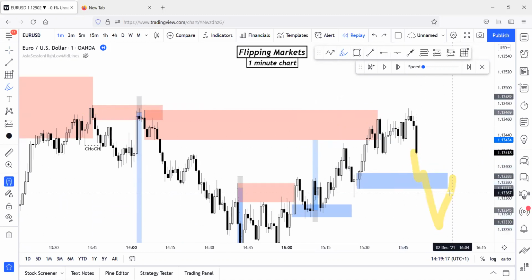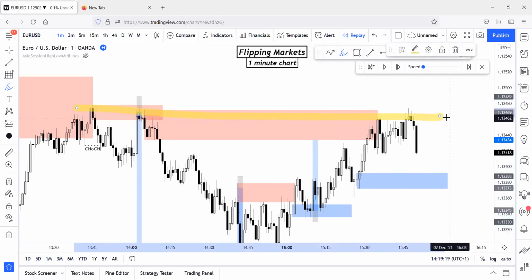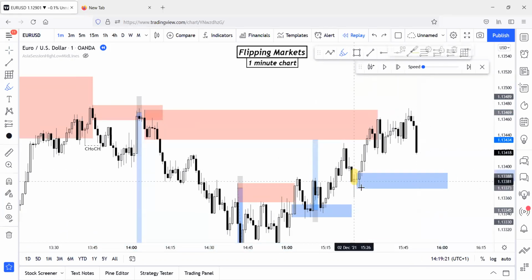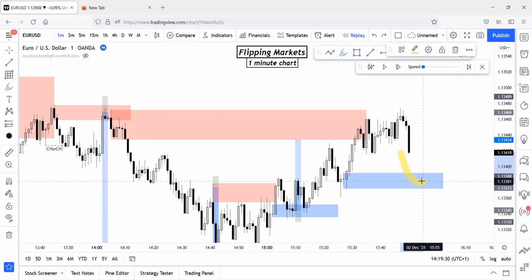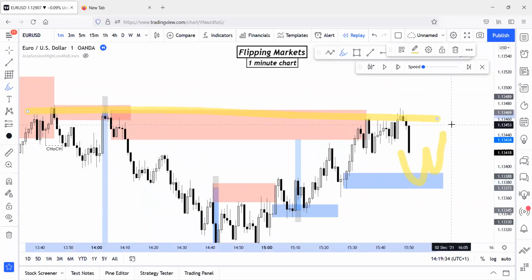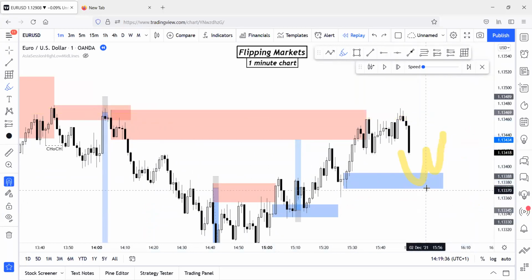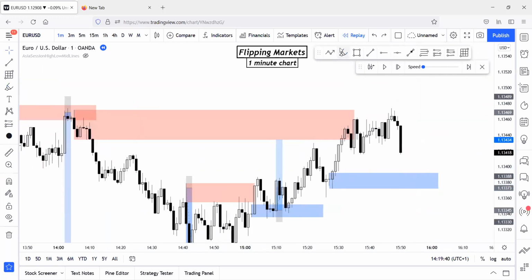If this zone breaks, I wouldn't wait for the sweep of the highs because it broke the extreme demand, so it has enough power to reverse the price to the downside, so it doesn't have to sweep the upside liquidity. But let's see, if it reacts on this demand and turns around, I will wait for the sweep of this liquidity before I enter a short trade. But if this breaks the zone, I will wait for a confirmation entry.